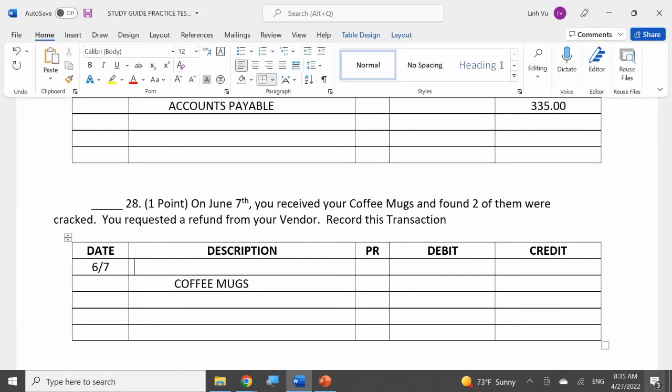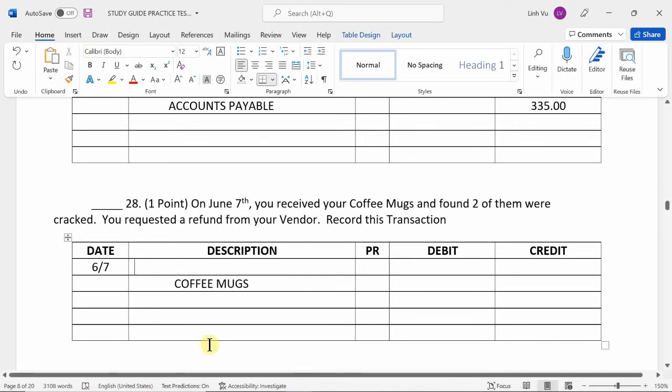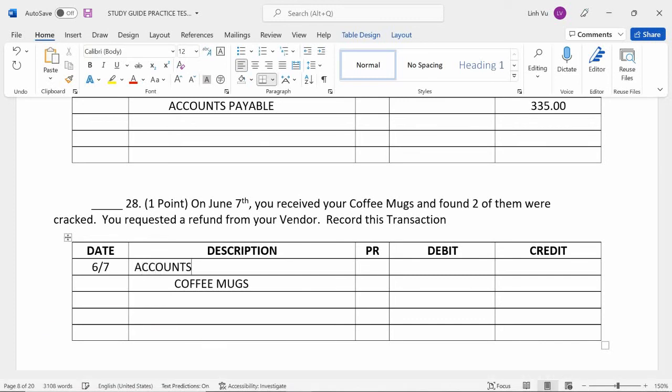return on the items. What about how did I get my money back? Accounts payable. Correct. In this case, I never paid this vendor. So if I never paid this vendor, it's going to decrease what I owe them. Now, how much do I owe them? In this case, I'm making a refund for 2 of those broken coffee mugs, assuming that these are all connected.